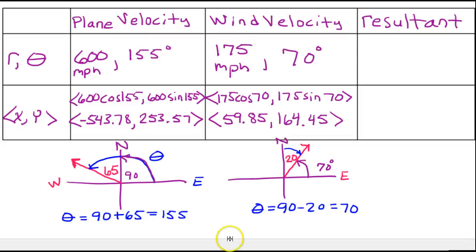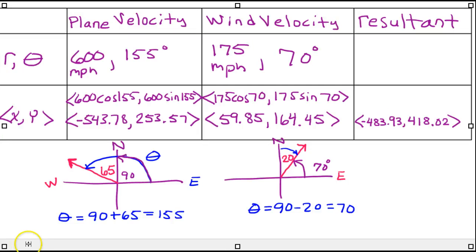So let's just go back. In component form, it is easy to add these vectors. We are simply going to add corresponding components, and we should be able to write the resultant in component form quickly. So the resultant in component form is negative 483.93, 418.02.